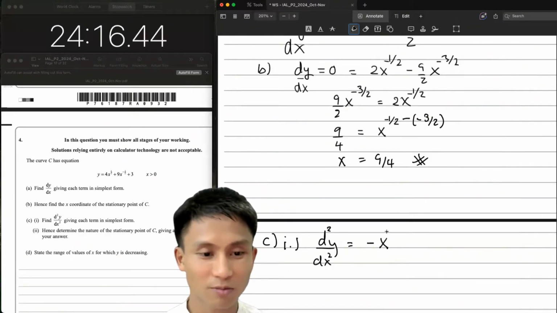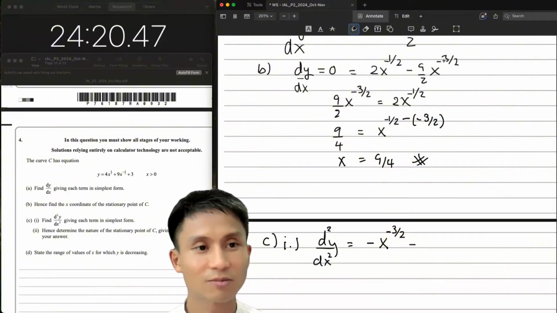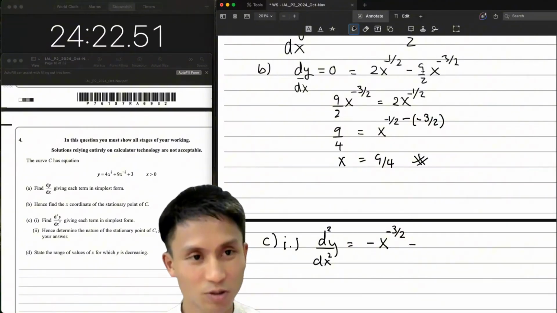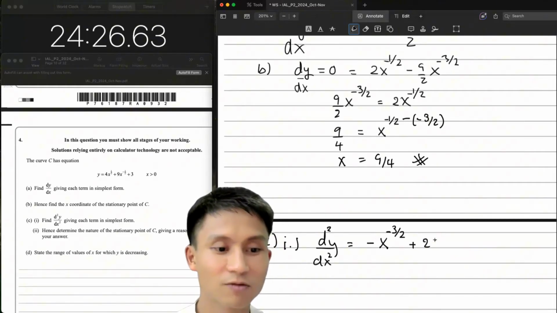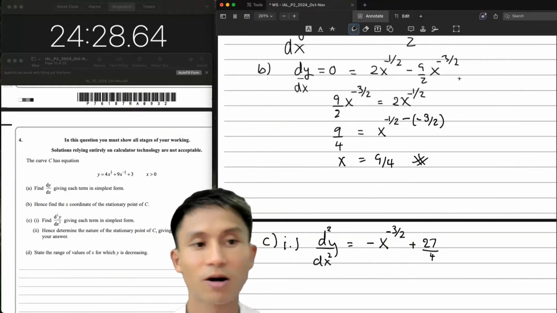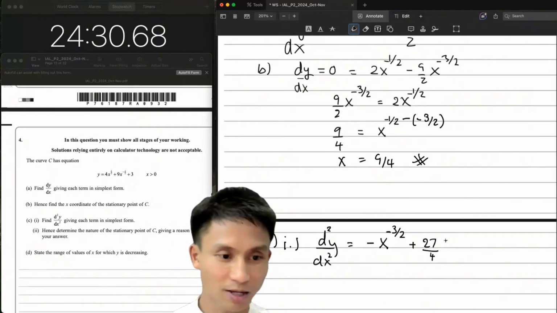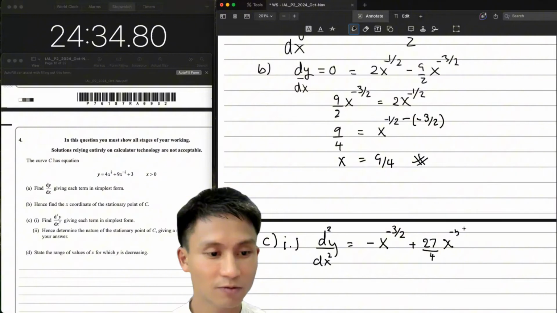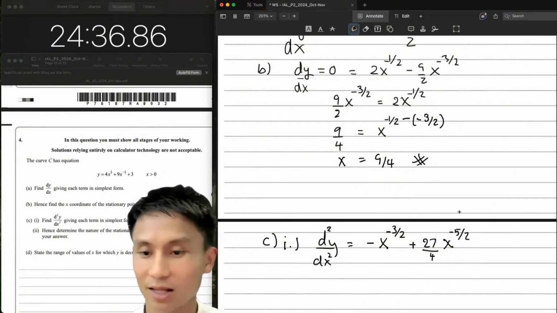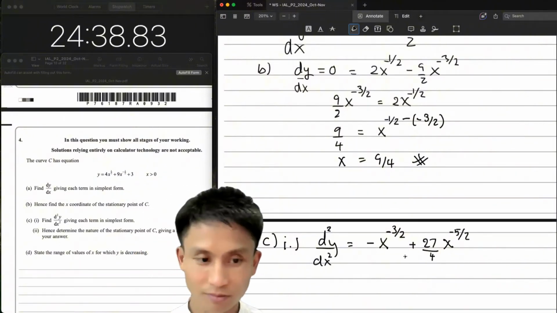Then power subtracted by 1, I get minus 3 over 2 there. For the second term, a minus 3 over 2 multiplied by 9 over 2, I get a plus. So that should be 27 on the top and 4 at the bottom because they are two fractions multiplied. The power gets subtracted by 1, so we have a minus 5 over 2 instead. And that is just it.